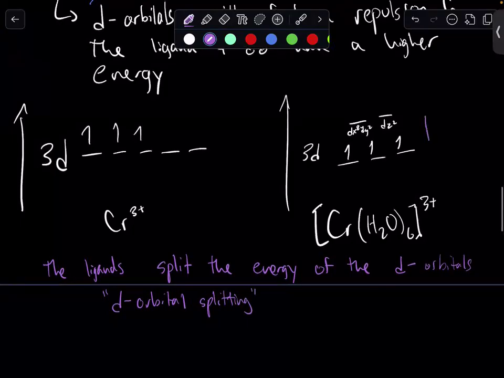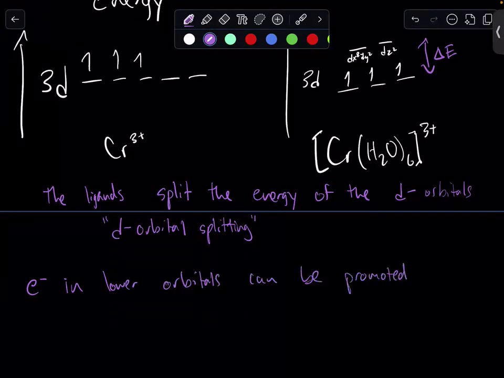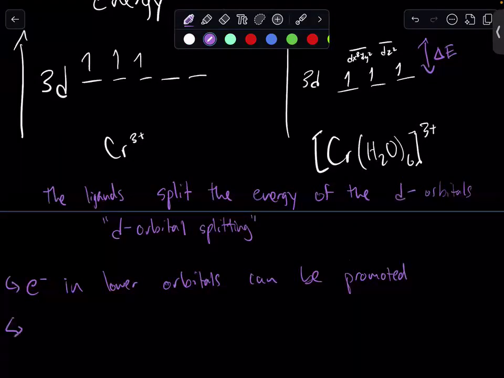And the key thing here is that we now have a change in energy. Therefore, electrons in lower orbitals can be promoted. Furthermore, the change in energy of d-level splitting is equivalent to the energy of visible light.